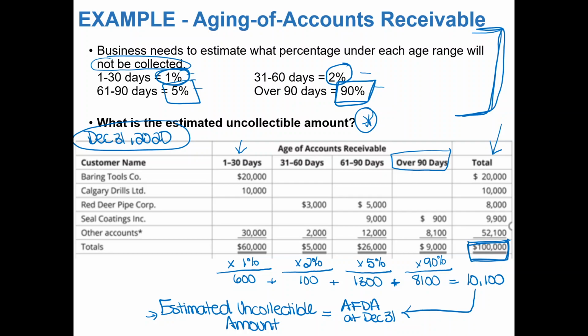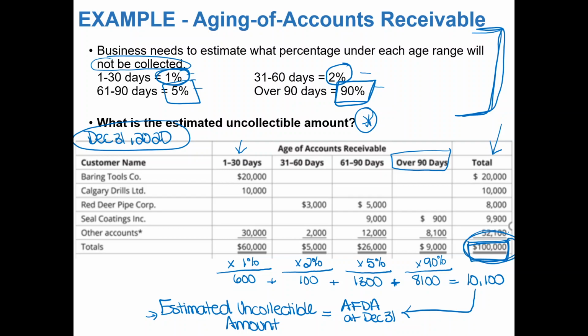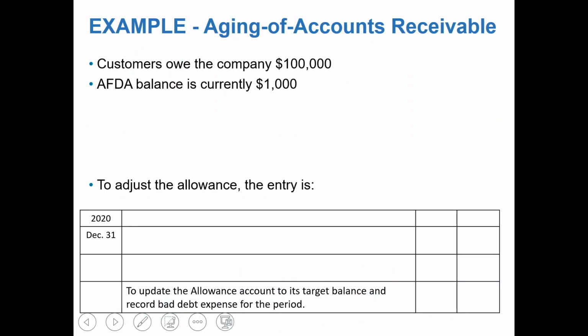But we need to ask the question, well, do we have a balance currently sitting in the allowance for doubtful accounts? And if so, we need to adjust for that. So we can continue on here. The customers owe the company $100,000, and we saw that amount right here as the total on the subledger.